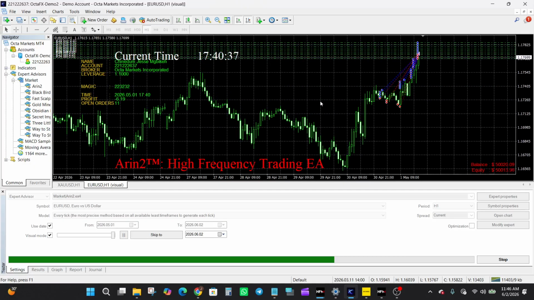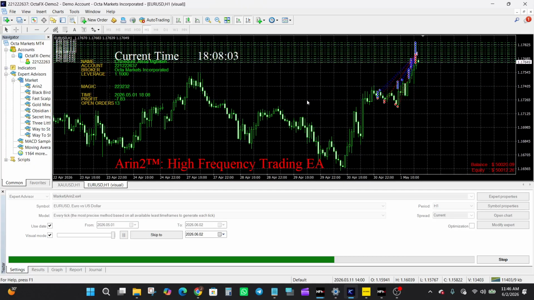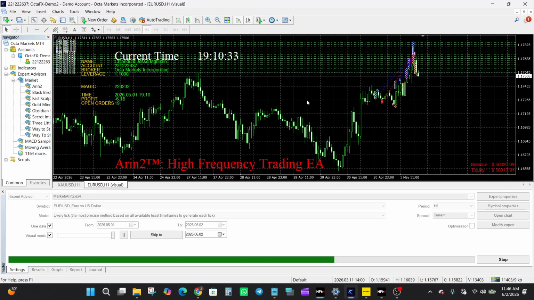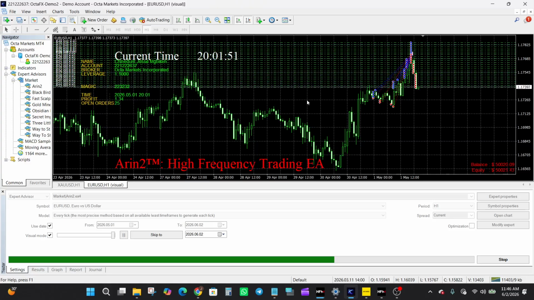Now, however, without making assumptions about the internal algorithm, what we can focus on is how the system behaved historically in terms of order frequency, trade clustering, and how it handled different phases of market movement.